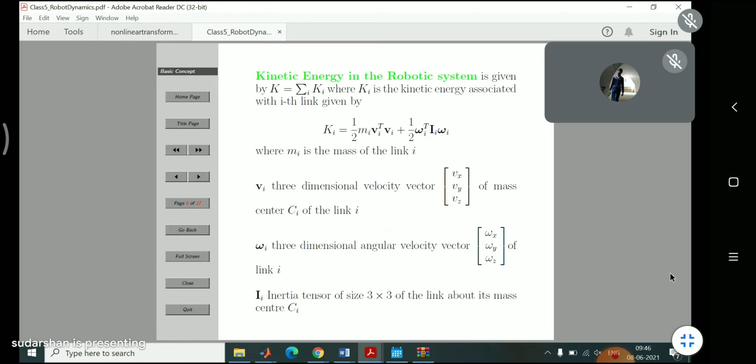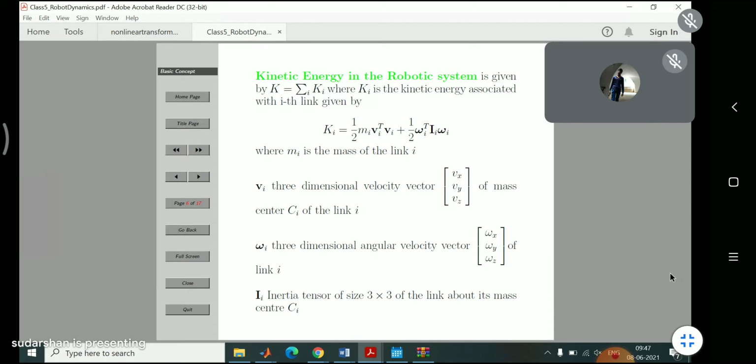Okay. So the total kinetic energy in the robotic system is given by K equals summation Ki, where Ki is the kinetic energy associated with each link or joint. So that is the total kinetic energy. Similarly, potential energy. How do we compute the kinetic energy associated with the ith link or joint?